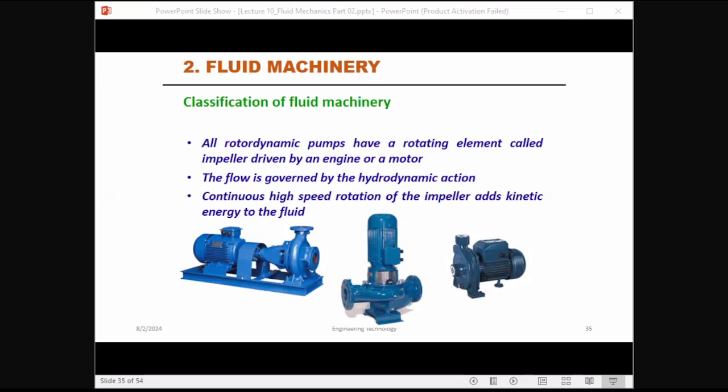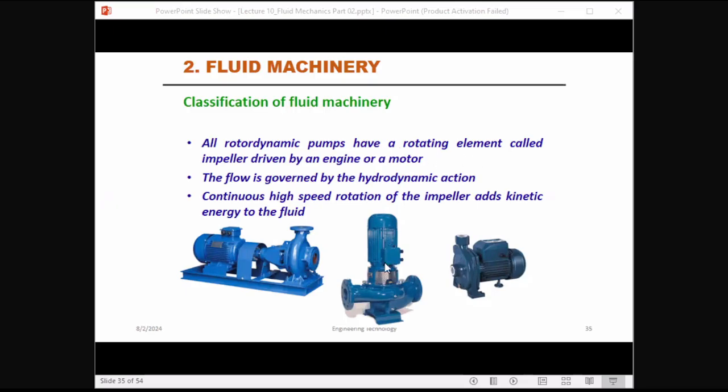Today I will try to discuss rotordynamic pumps. Rotordynamic pumps are where the fluid is moved by a rotating element known as an impeller.